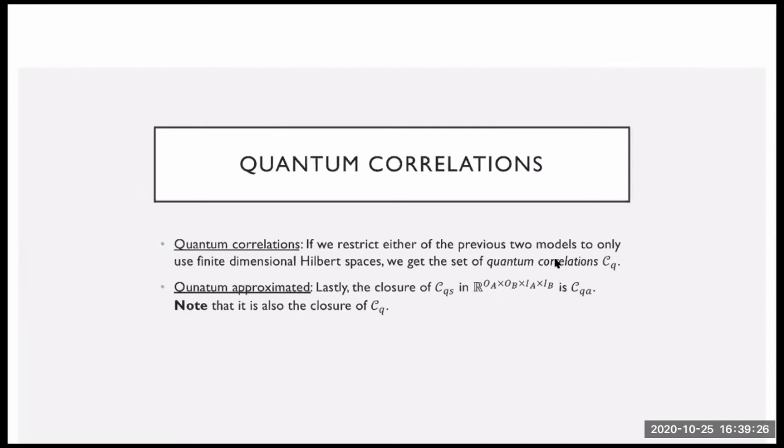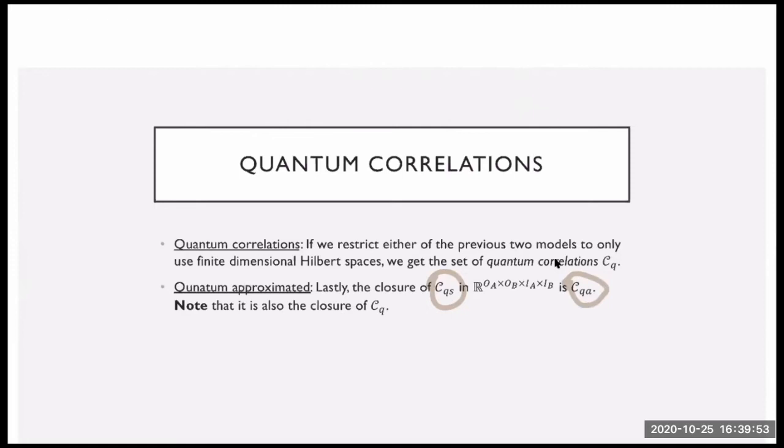But a supremum is the same as taking a maximum over a closed set. Take this CQS. I'm not saying that CQS is not closed, but potentially it is not closed. So maybe when you take the supremum over CQS, you are actually taking the maximum over the closure of CQS, and we call this closure CQA, the quantum approximated.